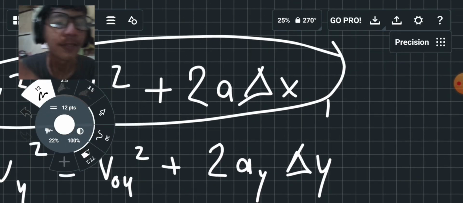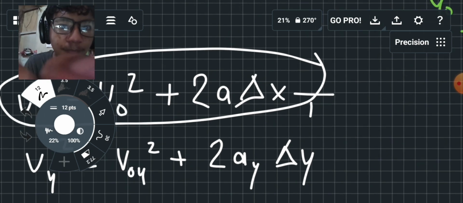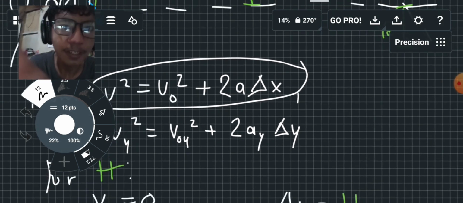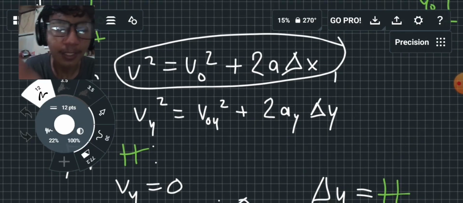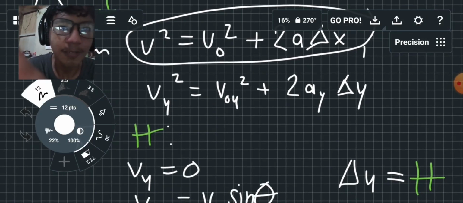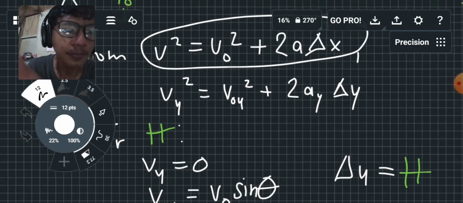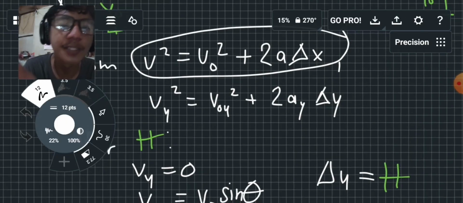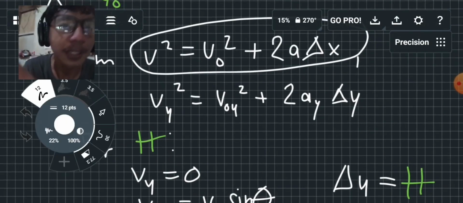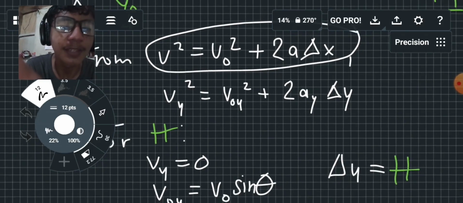So instead of delta x, which is just a general change in position, we are looking at the y direction, the change in y position. This is all due to the acceleration being constant. So this wouldn't work if the acceleration isn't constant. That's just a reminder.